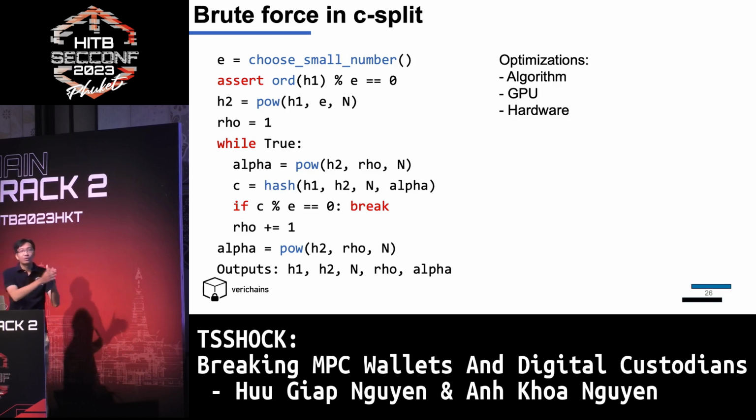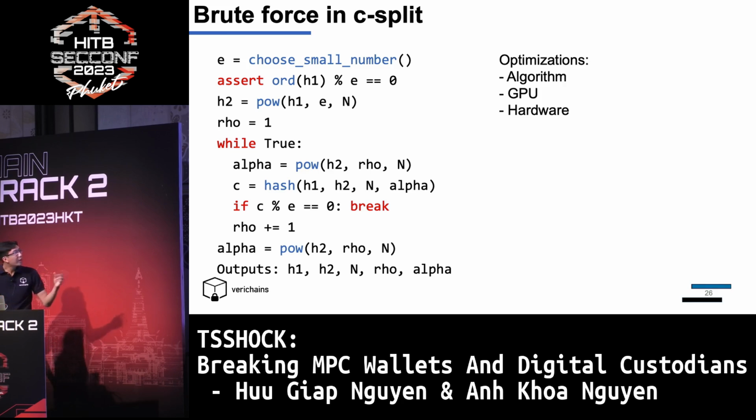So you can say we're finding alpha incrementally, right? H2 to the power of 1, 2, 3, 4. So we can use the GPU to do it in parallel. We can say H2 to the power of 1 to 10 and H2 to the power of 11 to 20 and so on.